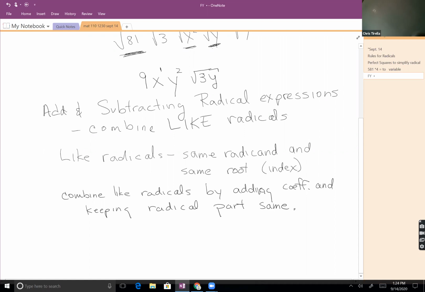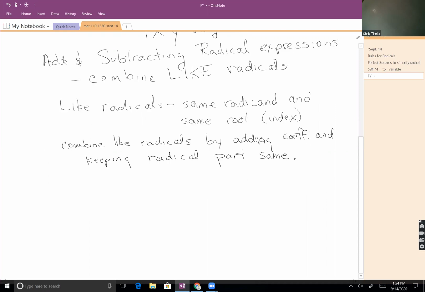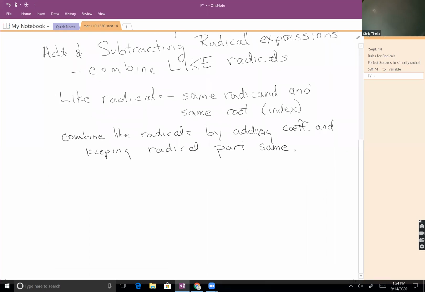So again, that idea that addition and subtraction, they have to be the same in order to add and subtract them, and they stay the same. So what the heck does all of that mean?